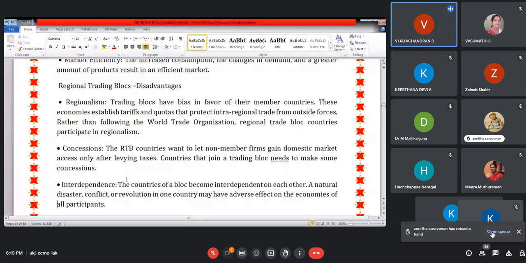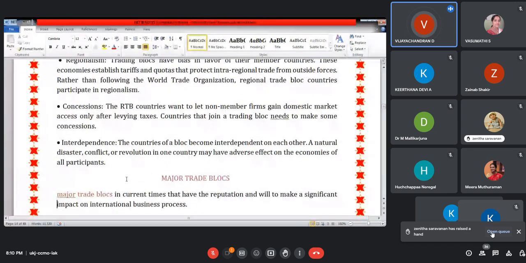Also, concessions: a regional trading bloc may charge non-members more tax, more tariff, so difficulties will be there. And interdependence: you will depend only on that group of countries, that bloc, so the dependency will be more.